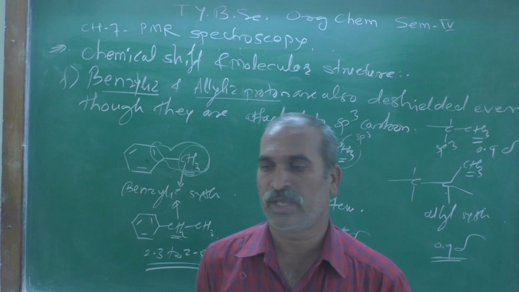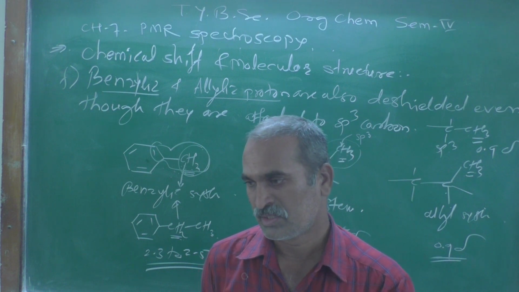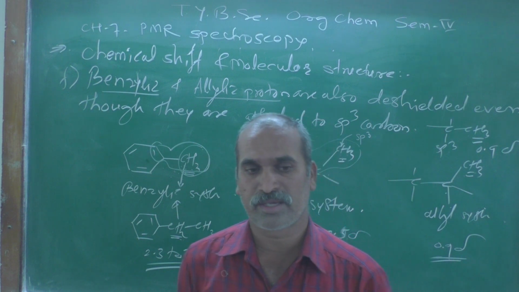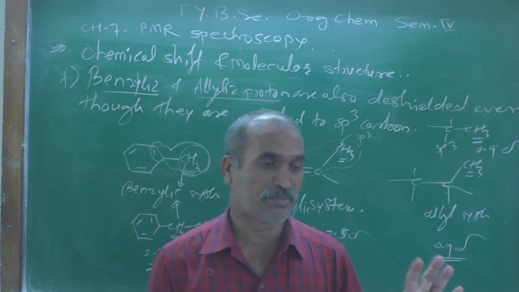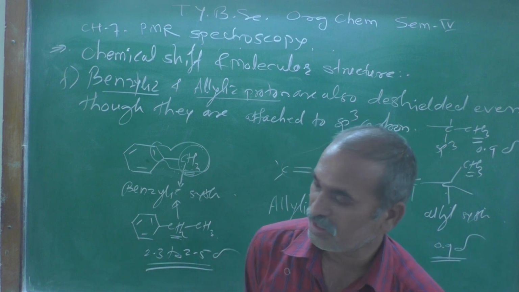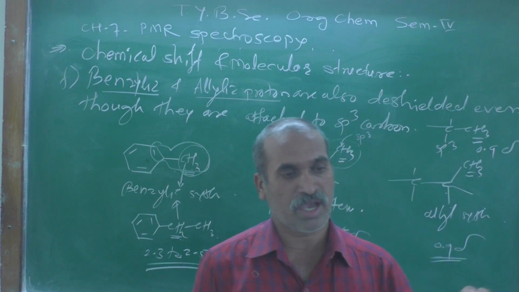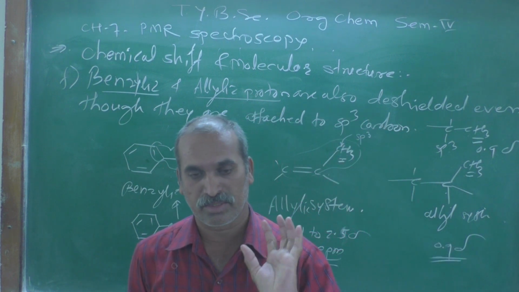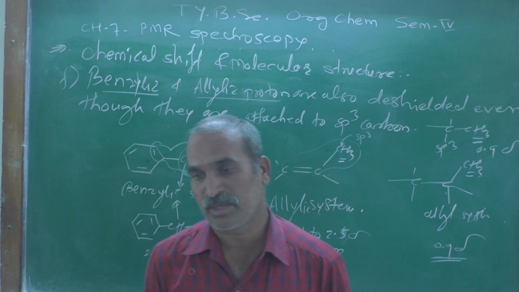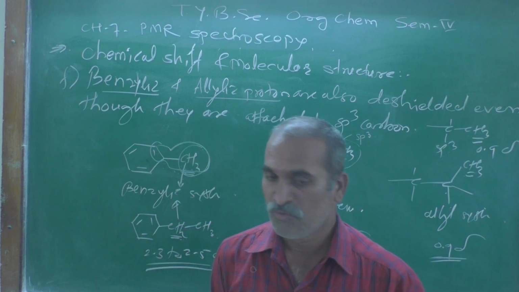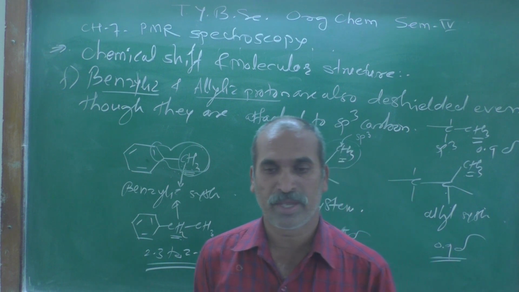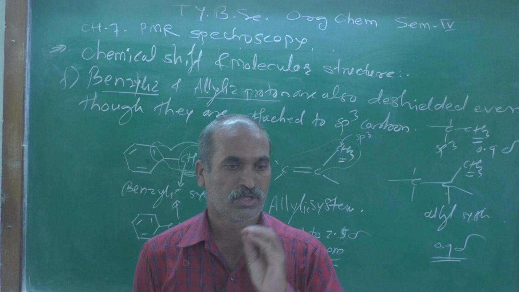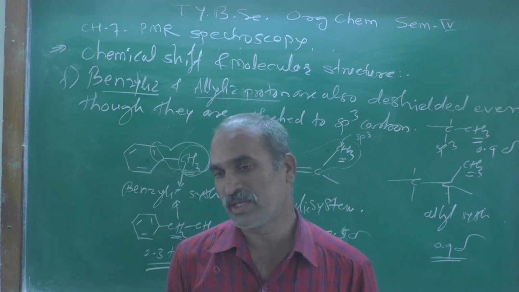They should be cyclic in nature, have alternate carbon-carbon double bonds, be fully conjugated, and obey Huckel's rule, which is 4n plus 2 pi electrons.